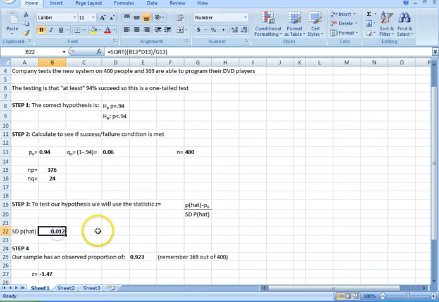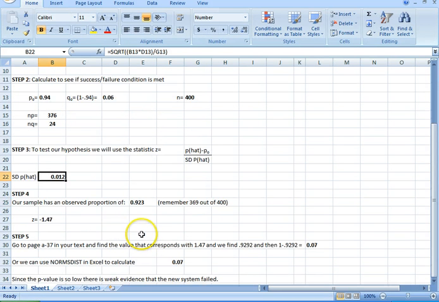Again, we'll click on my cell here, and you'll see the calculation just like the formula that you have in your book, where we're going to find the square root of B13 times D13 divided by G13. So 0.94 times 0.06 divided by 400. Find the square root using the formula there that I'm showing in Excel, and we come out with 0.012. Now that we have the standard deviation, we can continue on.